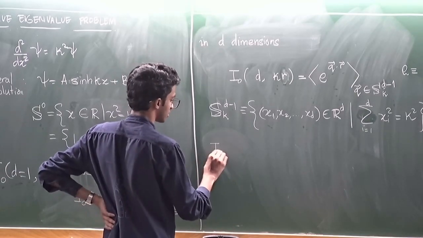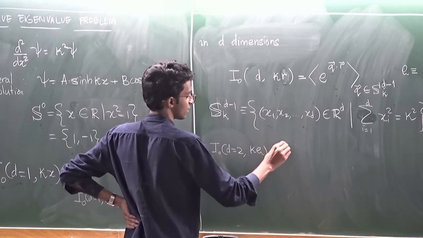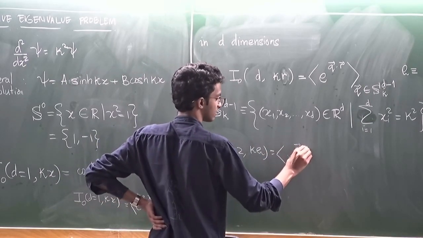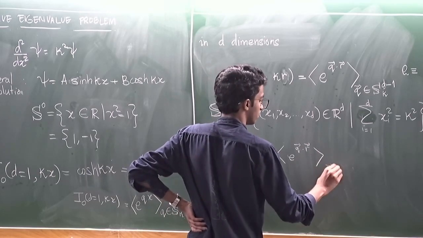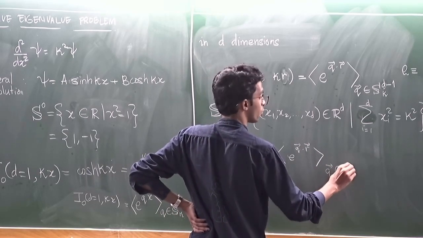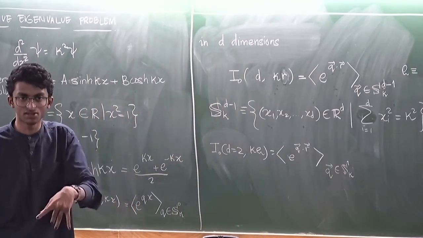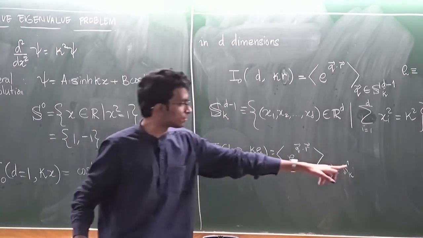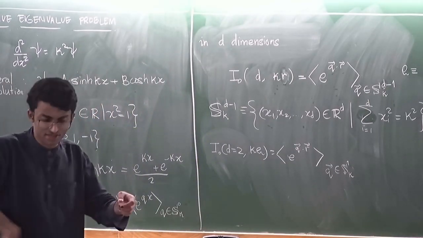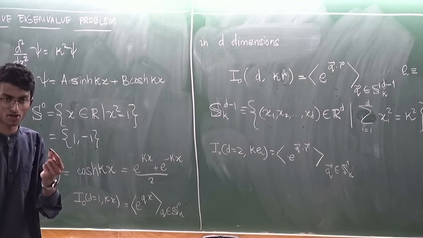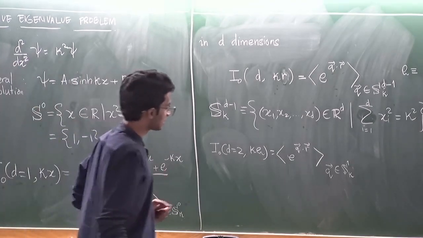Let me do I naught d equal to 2 of kappa rho, which is just the average of e to the q dot r, q belonging to S1 kappa. S1, remember, is just a circle. The one on top basically says it's a one-dimensional manifold, and the circle is a one-dimensional manifold because at a point the circle is just a line, right?